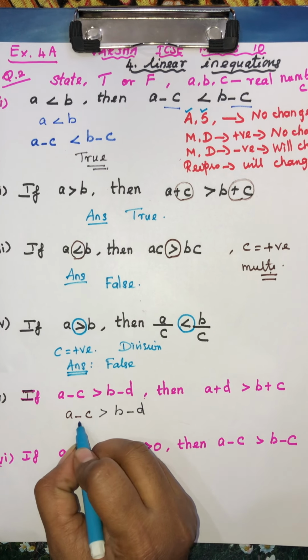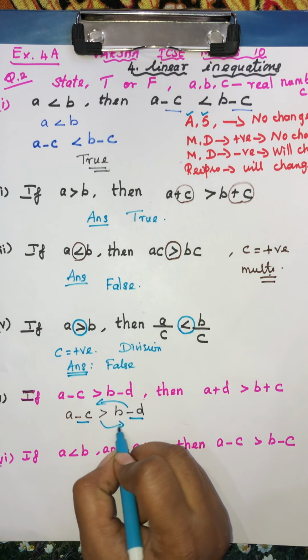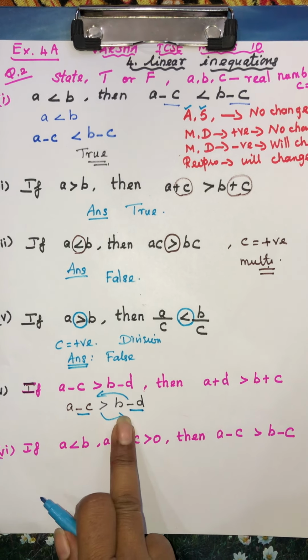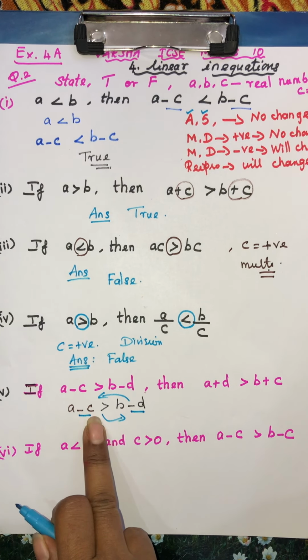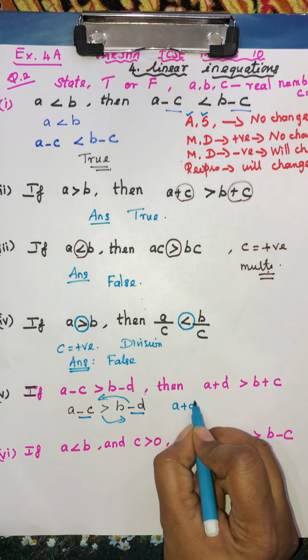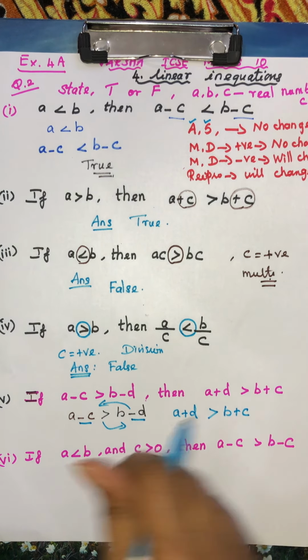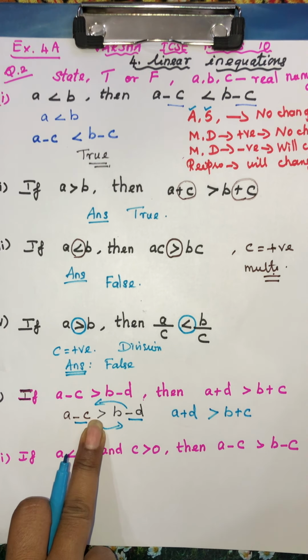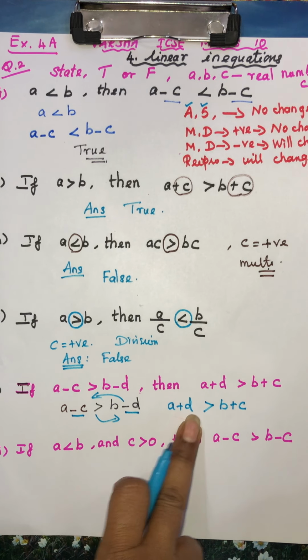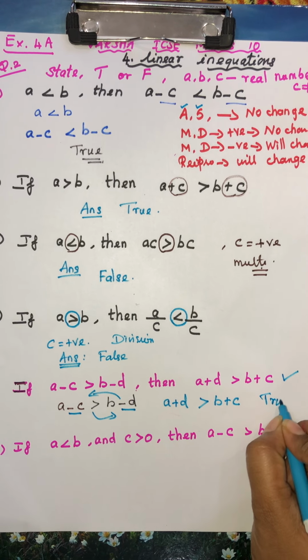Now this negative number can be moved across, so it will be plus. So this is a plus d is greater than b plus c. The inequality is not changed. So this statement is a right statement. The answer is true.